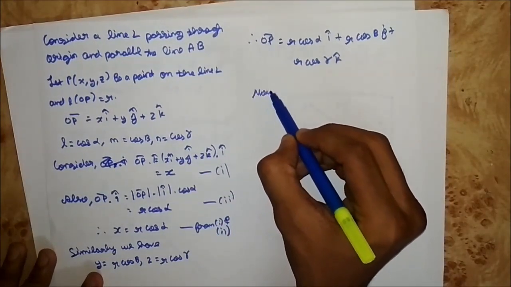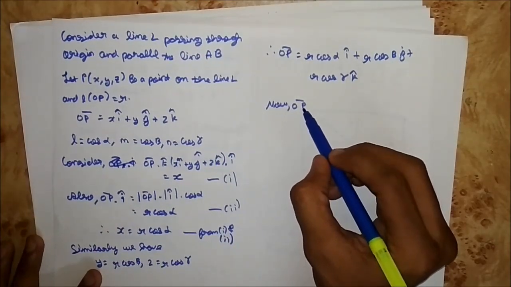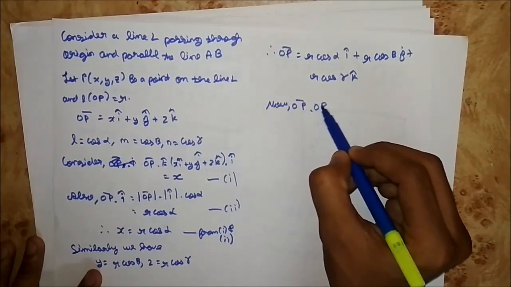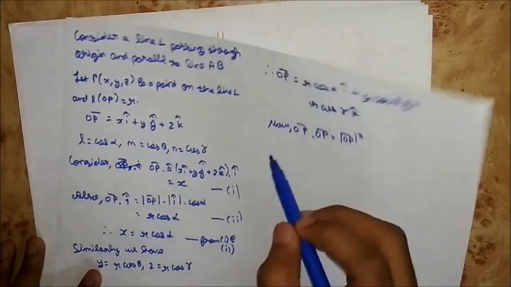So now the modulus of OP square is equal to r square.